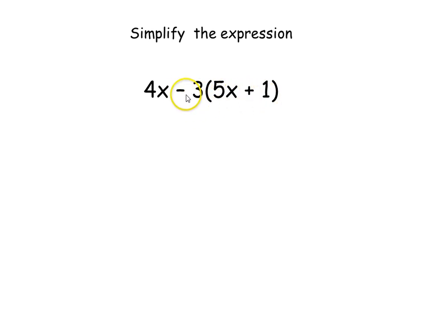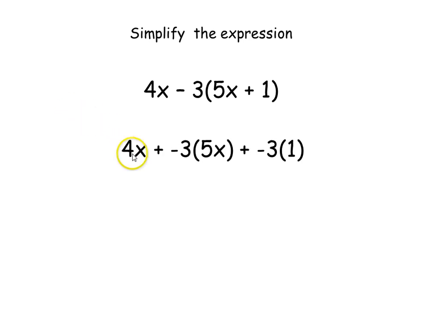Notice I said negative 3 because there's a minus sign out in front of the 3. We could change that to a plus negative 3 if that helps. And when we do that, we get this expression, the 4x right here. We're not multiplying 4x by anything, so we're doing 4x minus the 3. So we're going to do negative 3 times 5x and negative 3 times the 1, and the plus from adding those two things together.